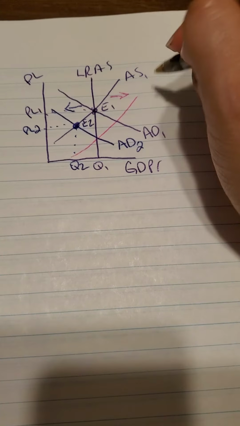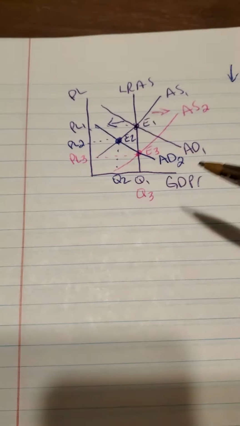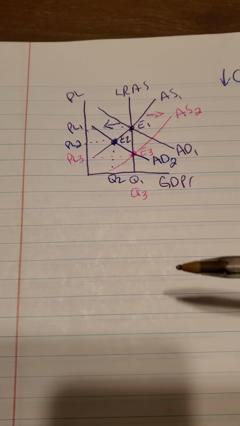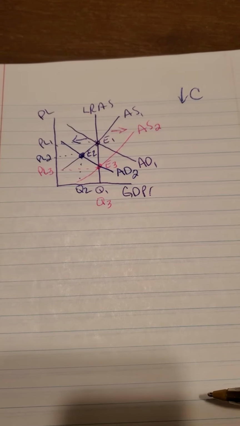So if our workers are now cheaper, that means aggregate supply will shift to the right in the long run. And we will go, label all your points. We will go back to full employment, but at a lower price level. Okay? Makes sense? Okay, let's try another one.